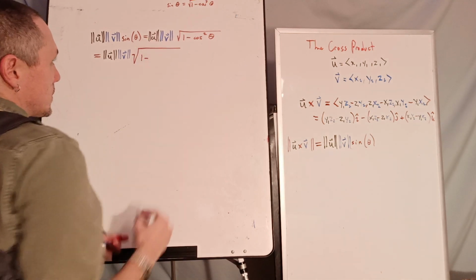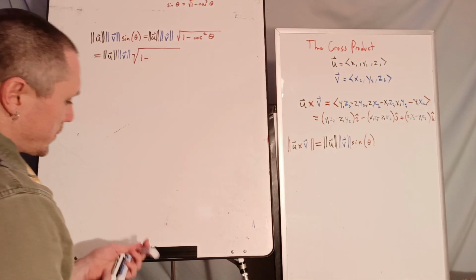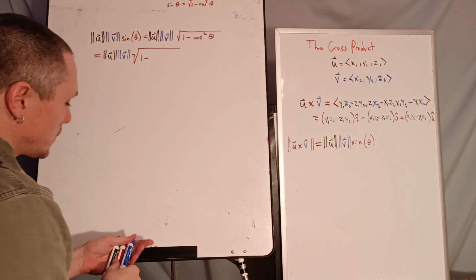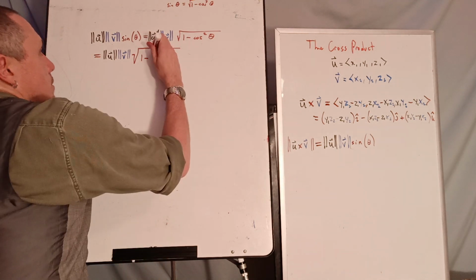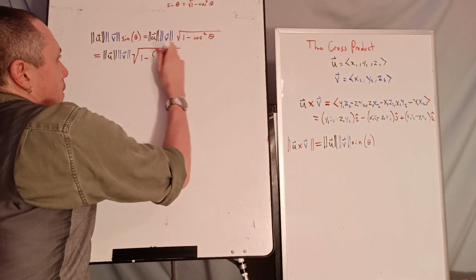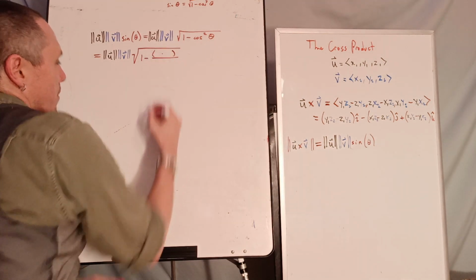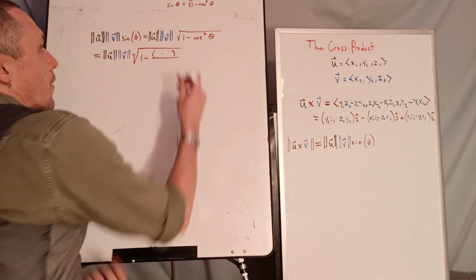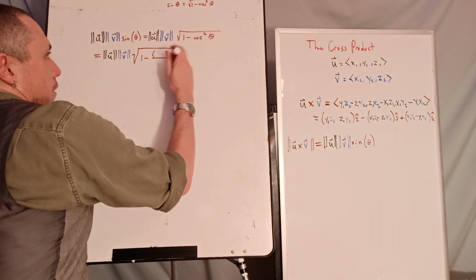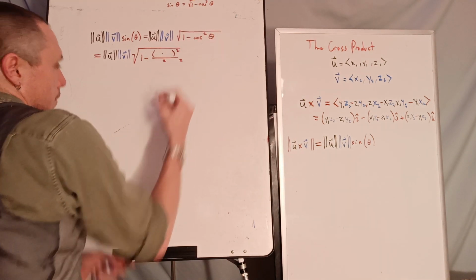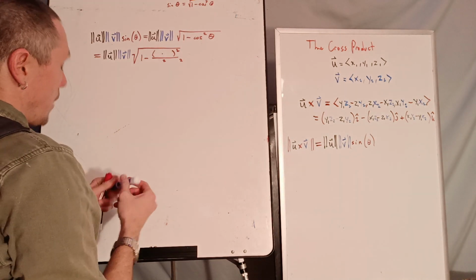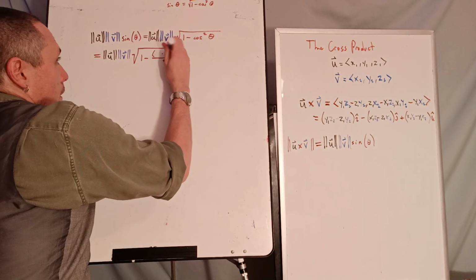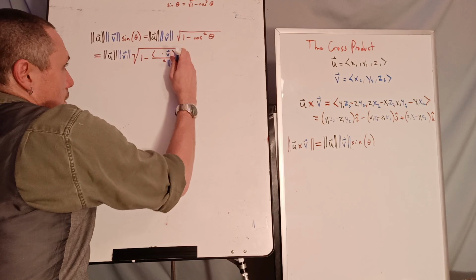1 minus. Now, cosine was the dot product divided by the magnitudes, and now we're squaring that. So let's get a dot product up here. Let's divide by the magnitudes. But we're going to be squaring all of these things because I'm squaring cosine here. Let me write that. And we're going to have v, and its magnitude.